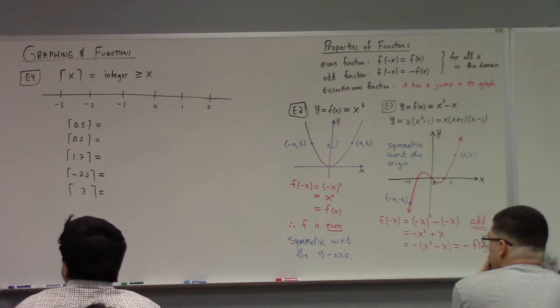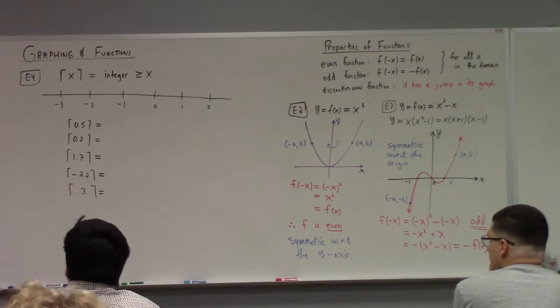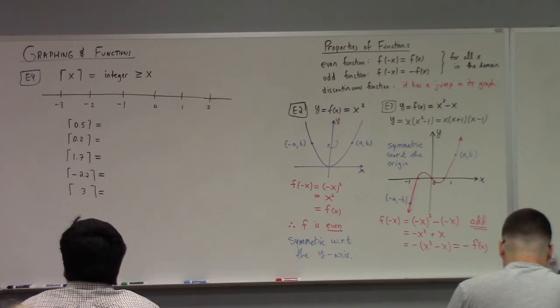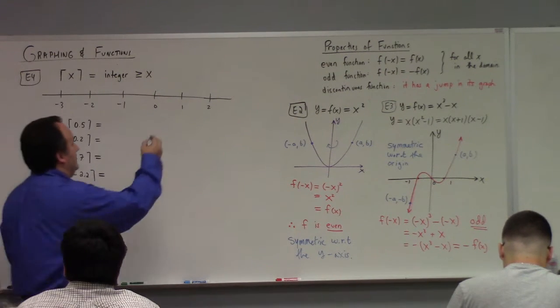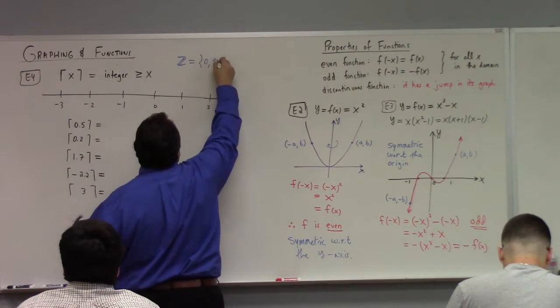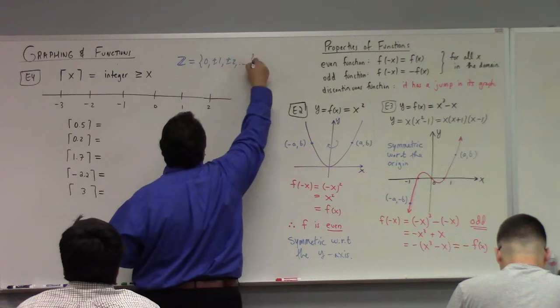So you guys tell me, what's the ceiling function of 0.5? Nope. It's the integer which is greater than x. So the answer for the ceiling function is an integer. What's an integer? I heard whole numbers, Z, 0, plus or minus 1, plus or minus 2, these sorts of things, right?